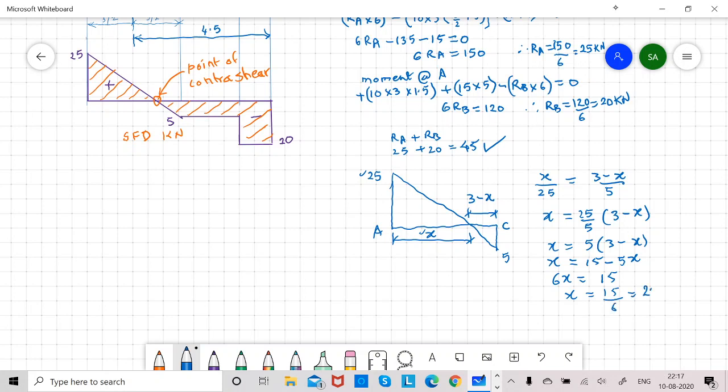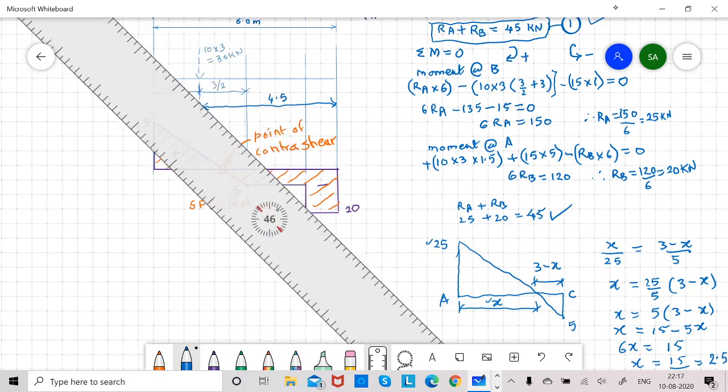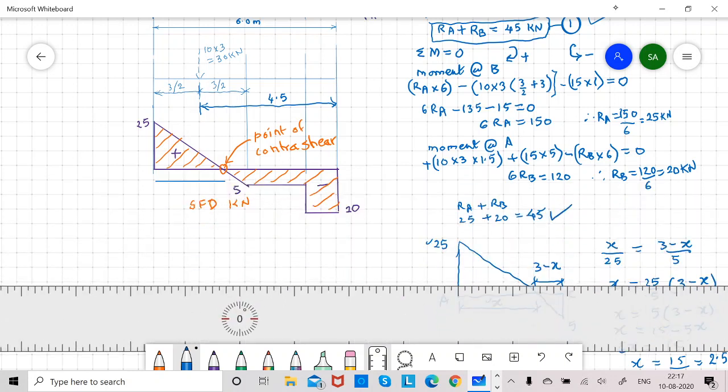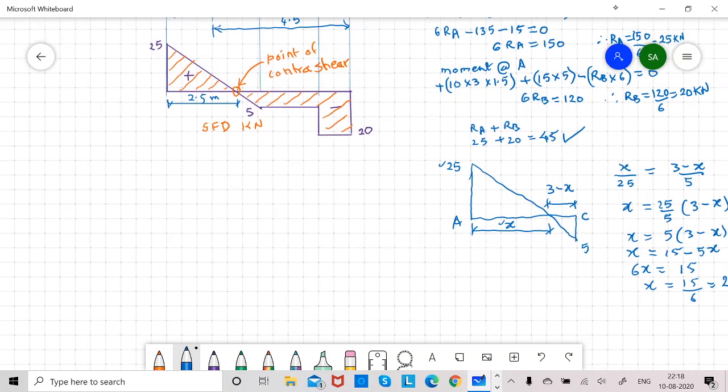It is 2.5 meter. So this point of contra shear is at a distance 2.5 meter from A. And as I told you, the bending moment is maximum at this point, that is where shear force crosses the baseline.